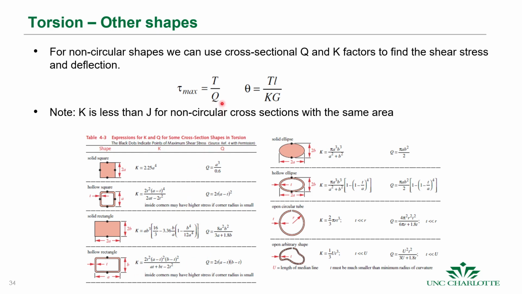These are from your book. If we want to find the deflection, we use K. G is the material property, T is the applied torque, L is the length. We have different factors here for Q, and then K for the deflection, and Q for finding the max shear stress in a cross section, for 4 different shapes.